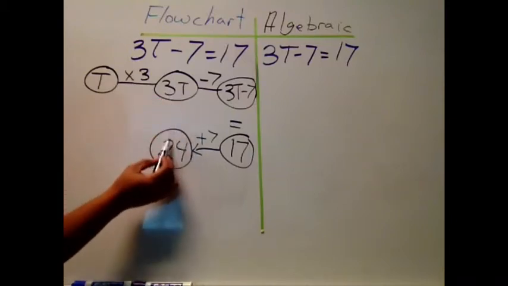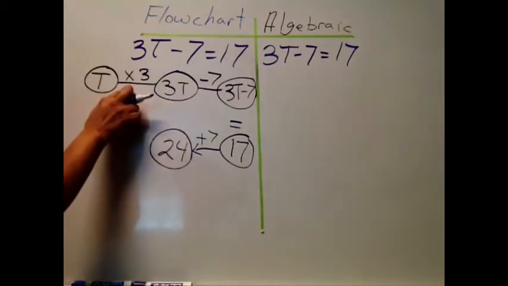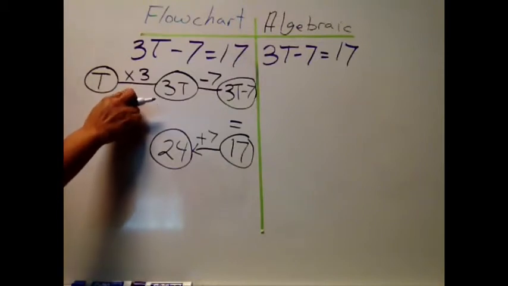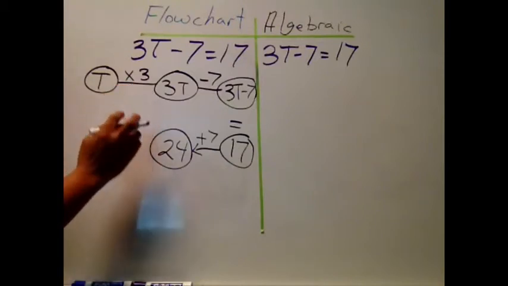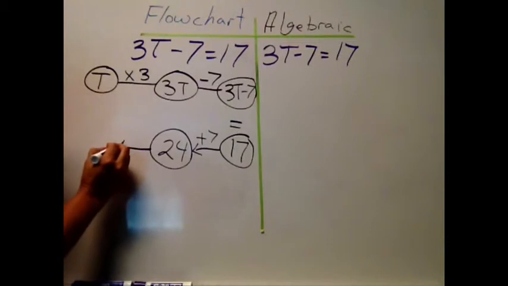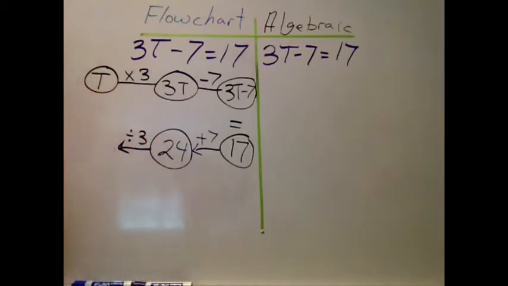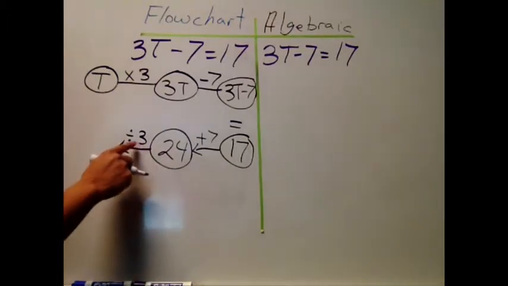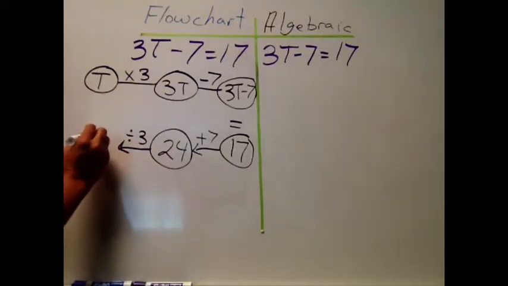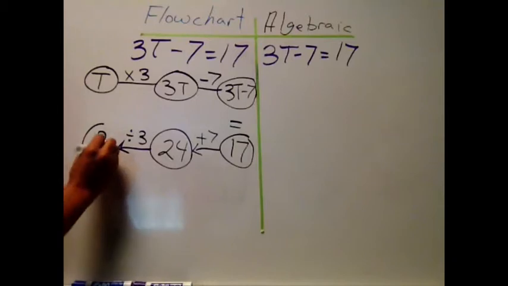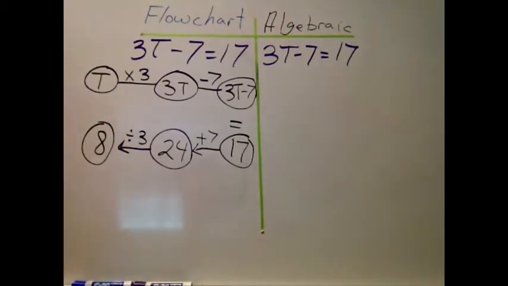All right, so at this point we've got this. Let's divide by 3 is what it says here, because this says multiply by 3. So this must mean that we're going to divide by 3. Okay? All right, 24 divided by 3 is 8.